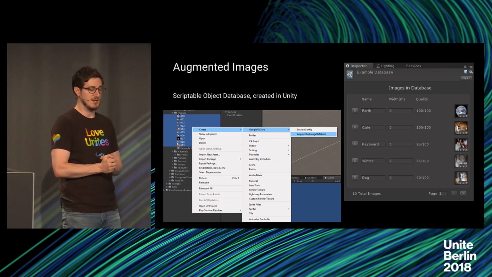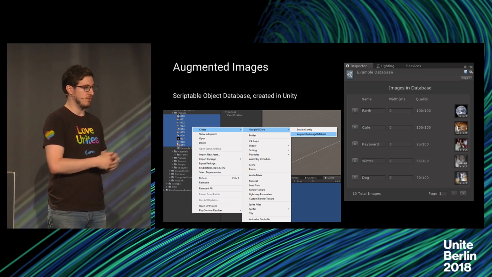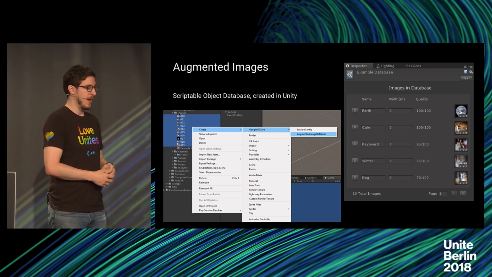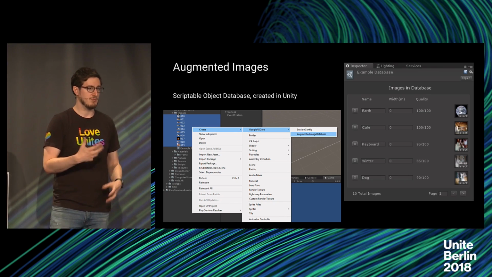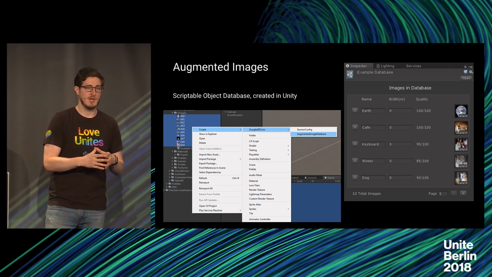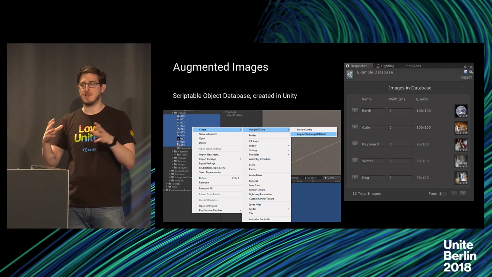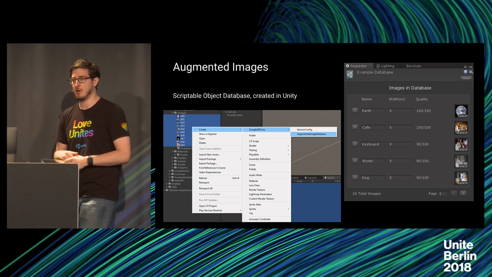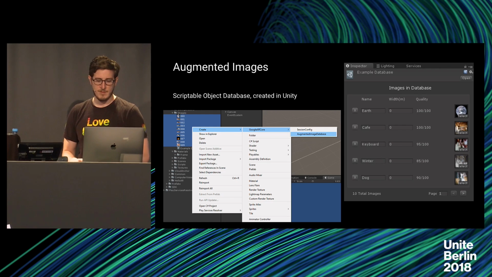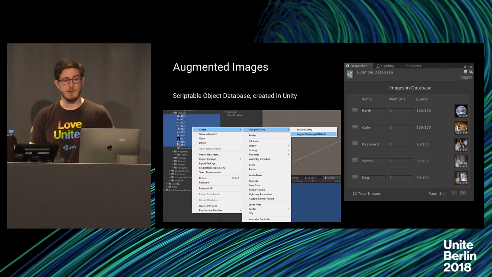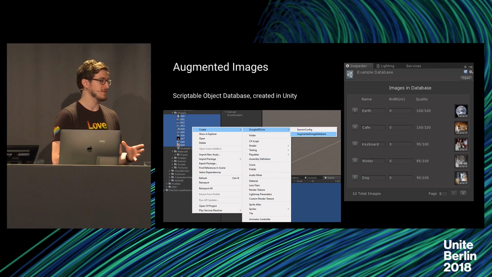Now, they suggest creating images with a score of 85 or higher. There's also that width tab, which helps the computer vision algorithms and the recognition. If you know the size of the image that you're looking for, this can help narrow it down and recognize it a bit quicker. One thing to note is that these databases can contain up to 1,000 images.